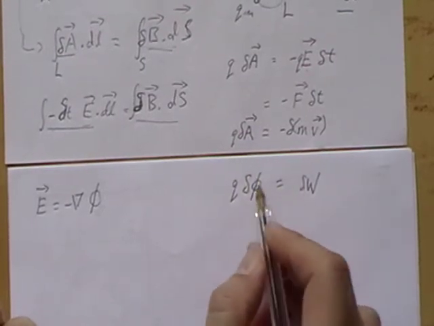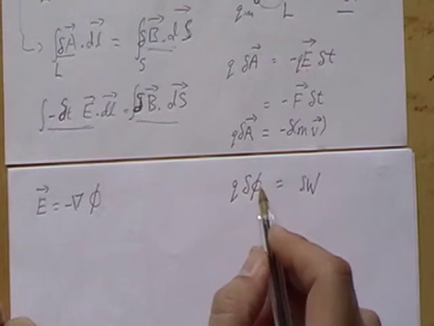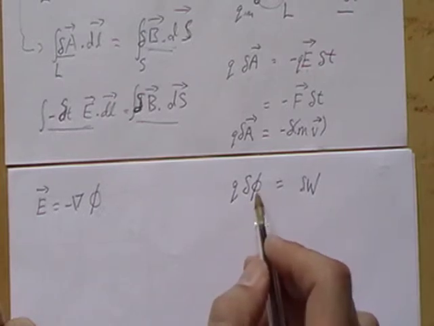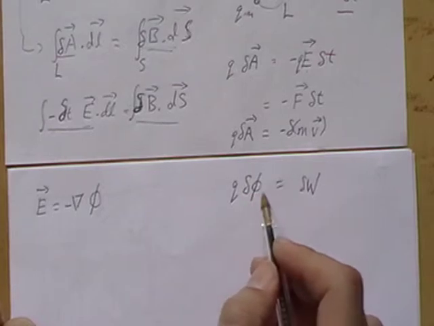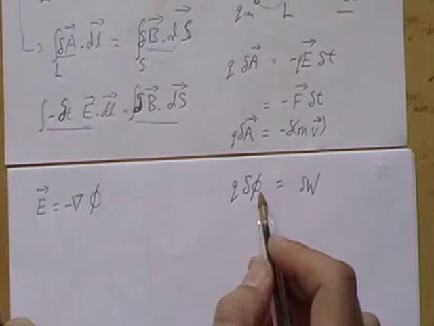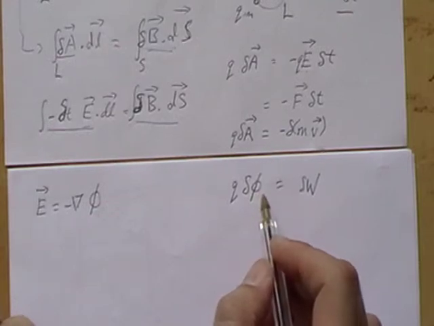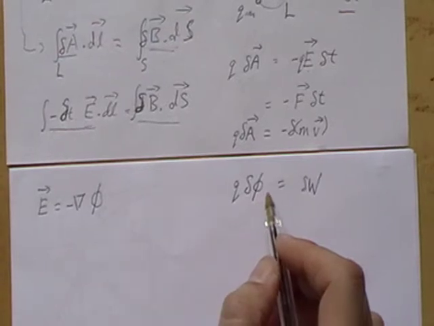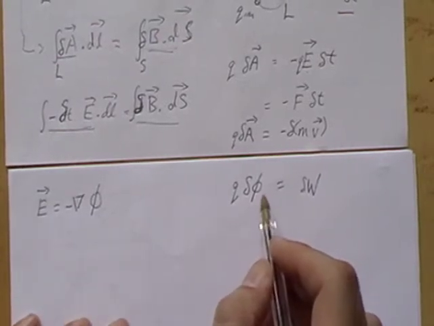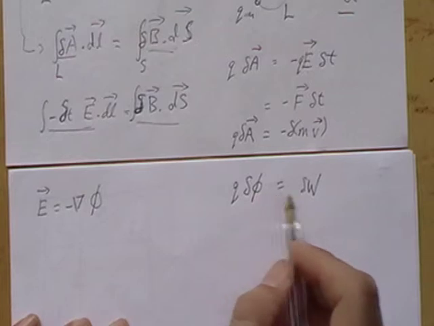When you drop a stone, the gravitational potential falls. Likewise, when a particle is attracted by a field and moves as a result, the electric potential at the particle falls, and in that way work is done on the particle.